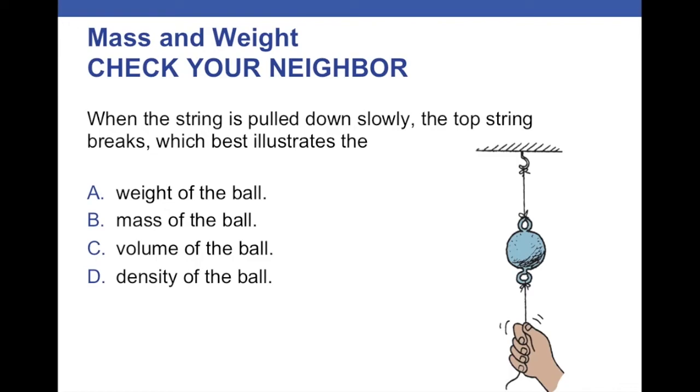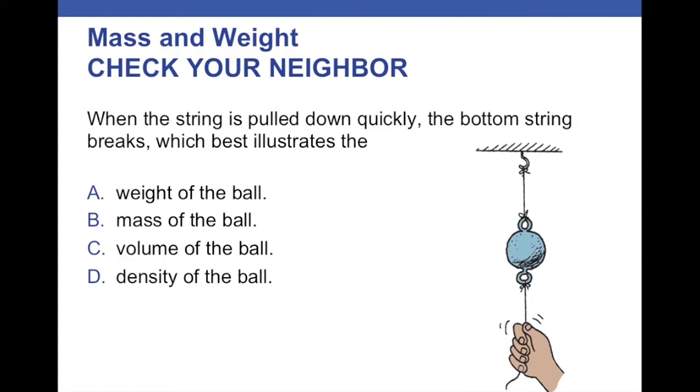Since both strings have the same tensile strength, that means their resistance to breaking when you pull them apart is the same. The string on the top is going to break because it has more force acting. It doesn't just have the weight of the bob, it also has the force of the other string pulling down.